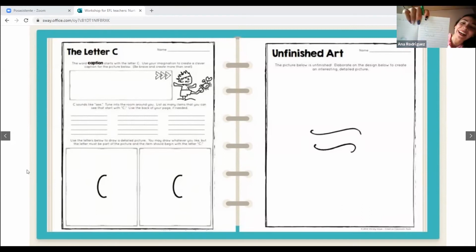Yeah, it's the carpet. And what about the letter C? Where did you draw the letter C? I draw a carpet, and the words I put: coat, carpet, coat, cup, cookies, and that's it.